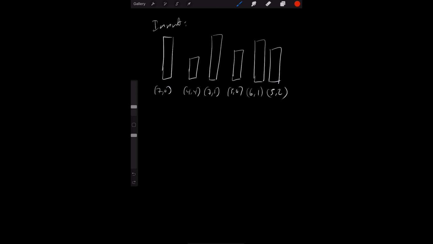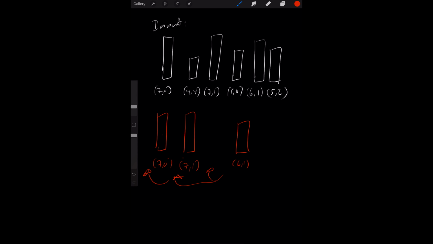And then we realize that if a shorter person comes in, for example 6, 1, when we now have 7, 0 and 7, 1, it really doesn't matter where you put them in terms of affecting the people who are taller.